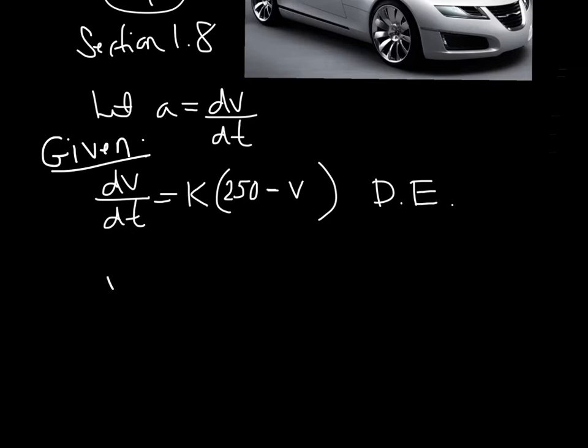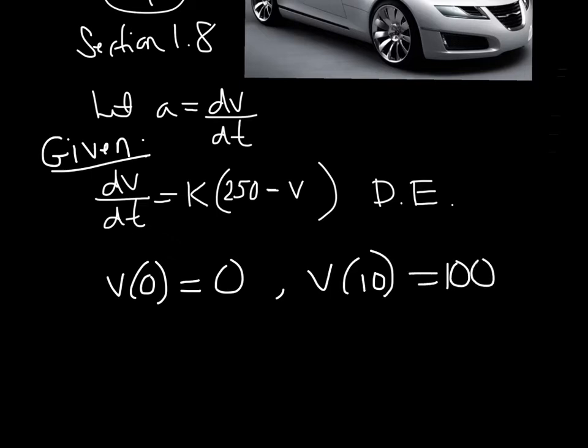Well, we definitely know v of 0 is equal to 0. Let me go ahead and write this and then explain. And then we have v of 10 is equal to 100.